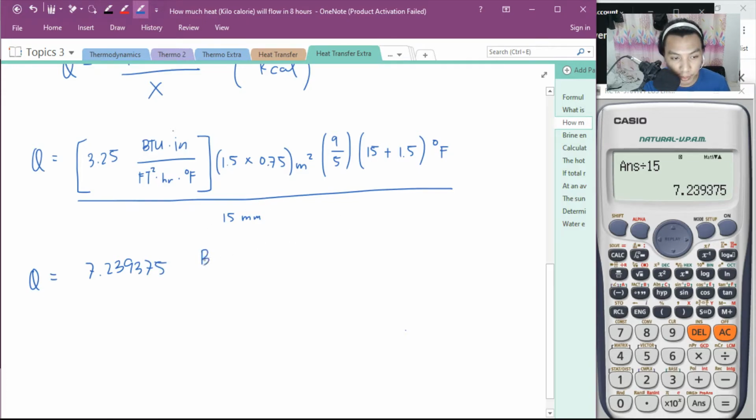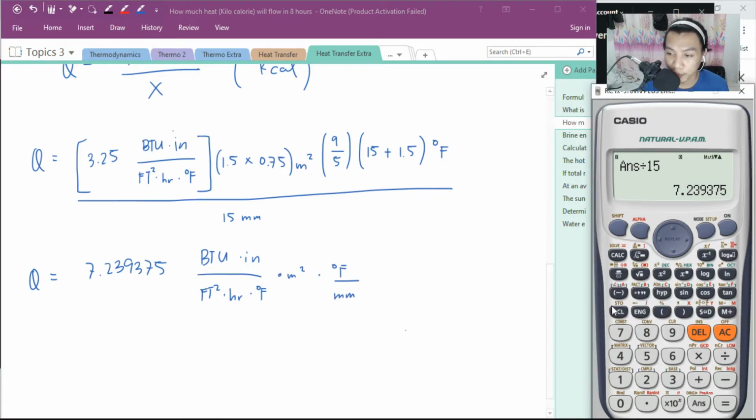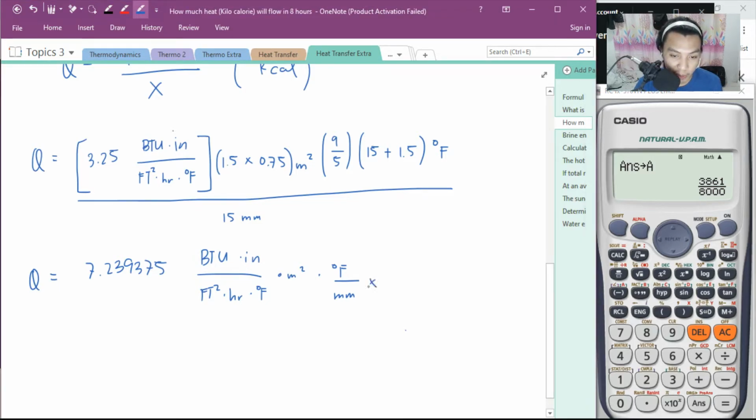Okay, BTU, tapos inch per feet squared, tapos hour, degree Fahrenheit, tapos yung meter squared, and then degree Fahrenheit, divide mo ng millimeter. Ito yung mga naiwan na unit. Wag niyo muna i-simplify. Okay? Kasi hindi pa natin minumultiply ng 8 hours. So, paano natin multiply yan? May maka-cancel ba tayo dito? Yes. So, dito na tayo pupunta sa conversion. So, yung conversion natin is 3.28 feet.